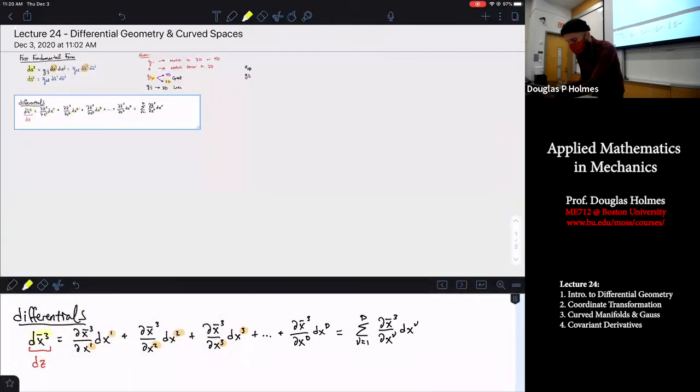So the differential in the barred coordinate is related to the differentials in the unbarred coordinate. You could think of this as like dr, for example.